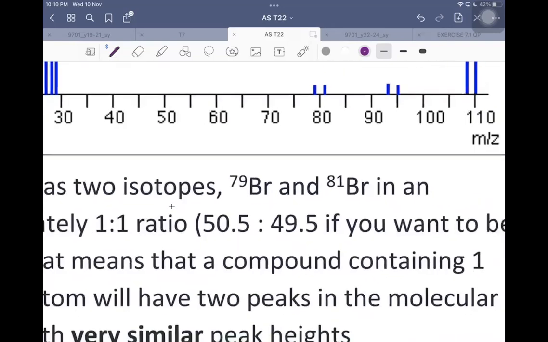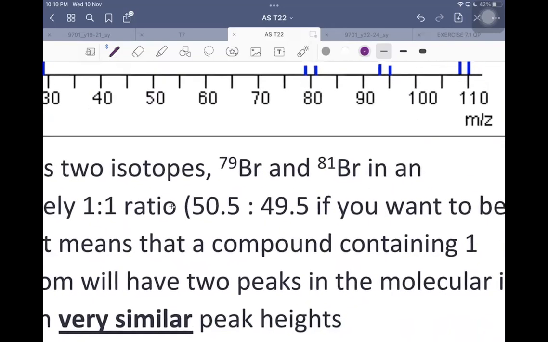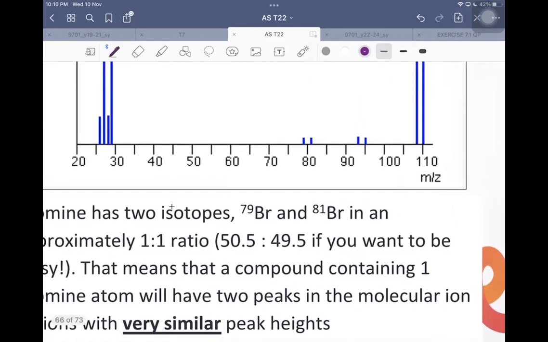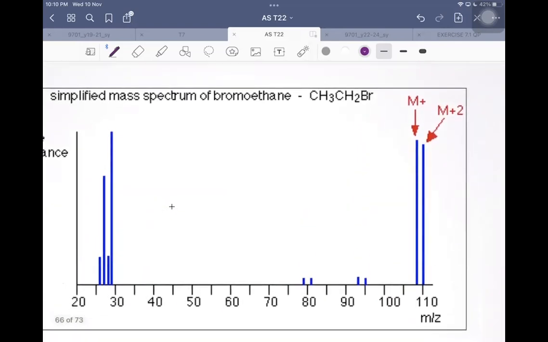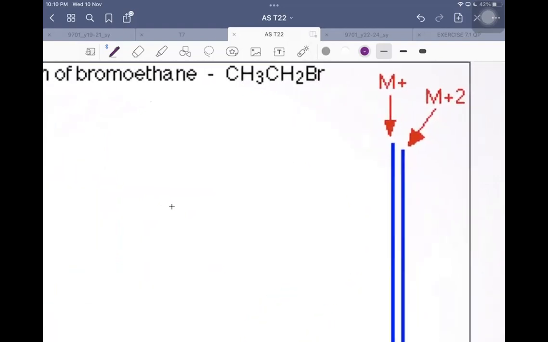However, for bromine, when you have one bromine atom, it's 1:1. And when you have two bromine atoms, that means you have your M, M+2, and M+4, it's 1:2:1 compared to chlorine's 9:6:1.